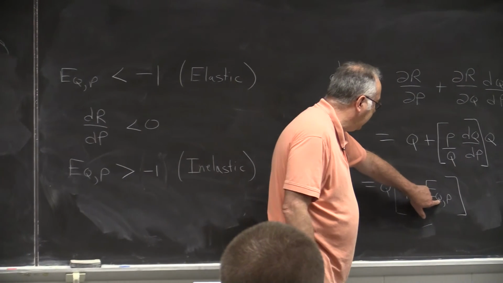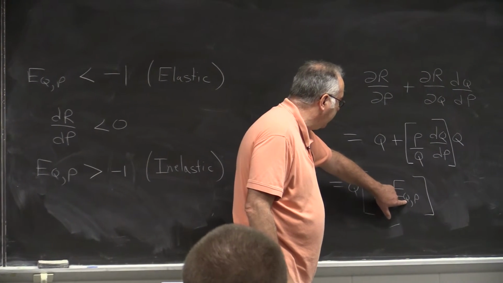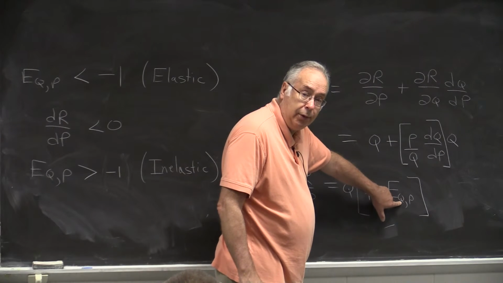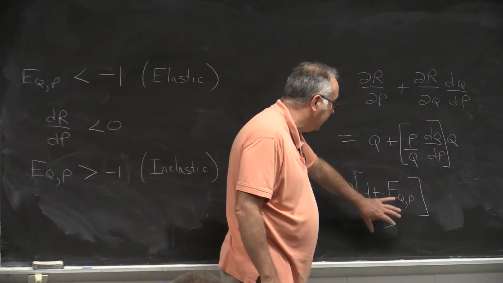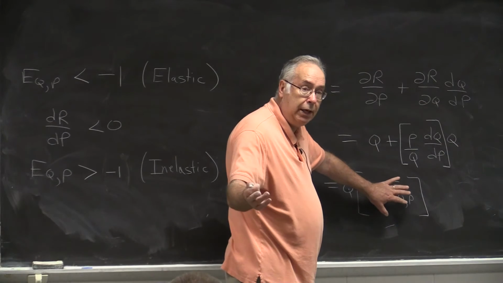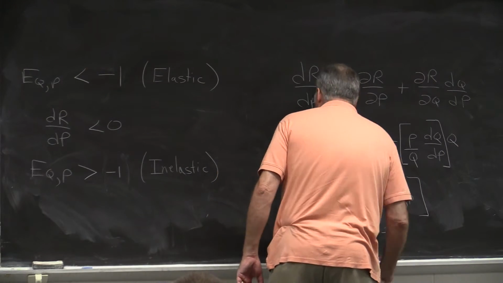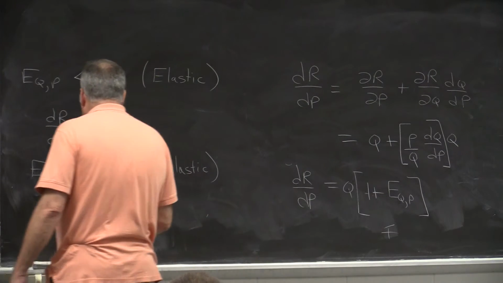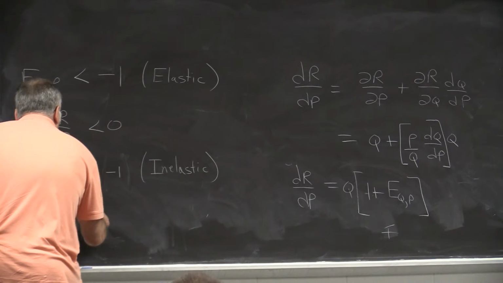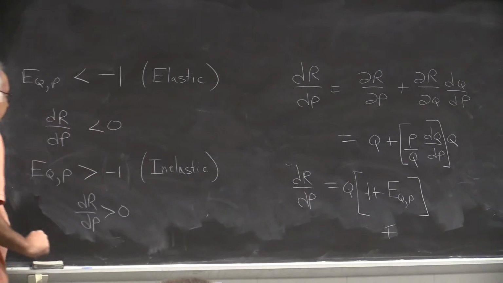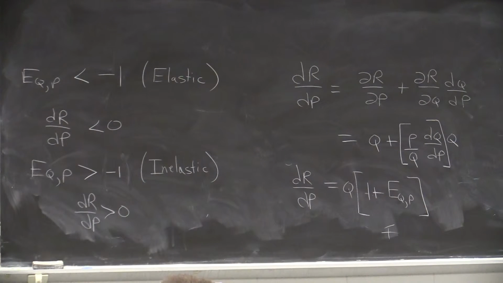This elasticity is greater than -1, meaning it's, say, -0.9, -0.8, -0.7, something like this. And then the term in brackets is going to be positive. So in this case, the dR/dP is positive, meaning price and total revenue move in the same direction.